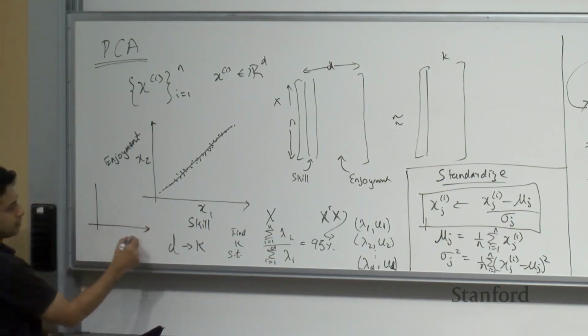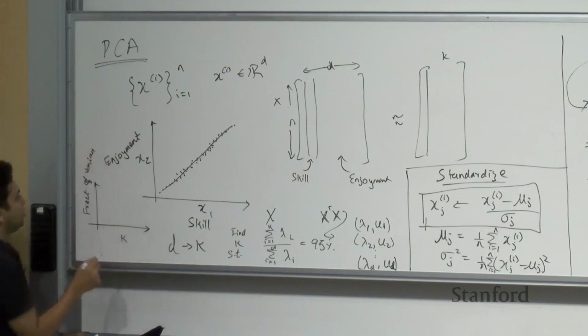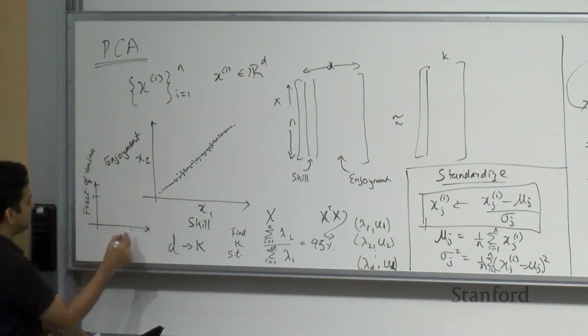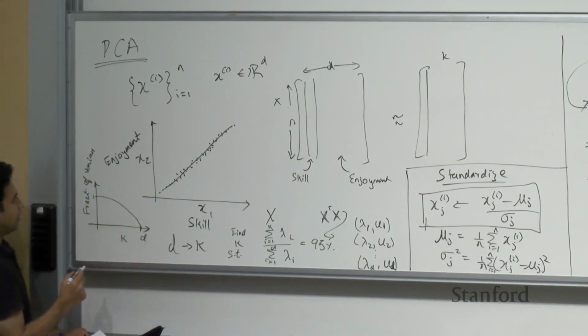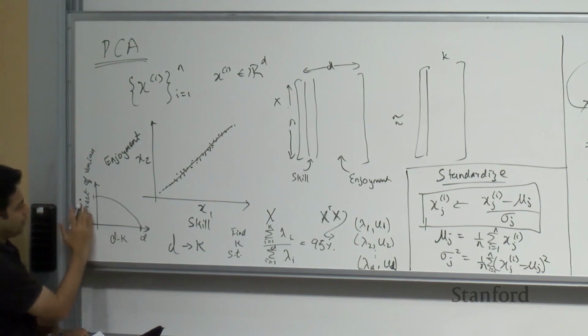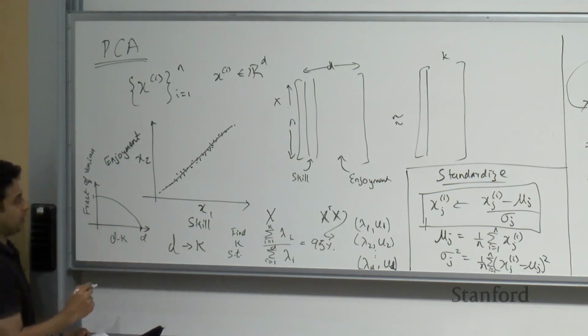let's say this is K and this is the fraction of variance, you will generally see that if this is D, then this goes down something like this, or rather this is D minus K, which means if you were to prune out all the D eigenvectors, then you will have 0 variance remaining.